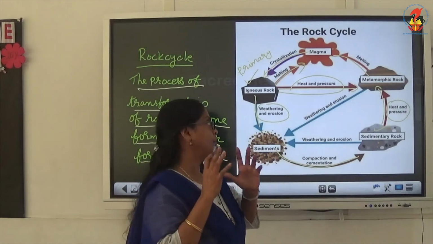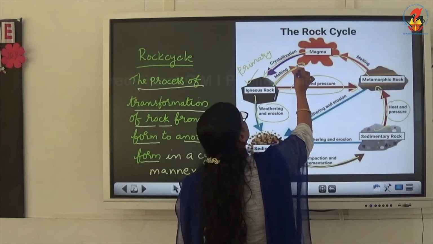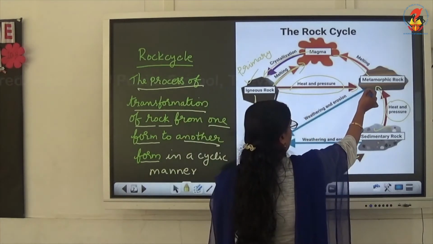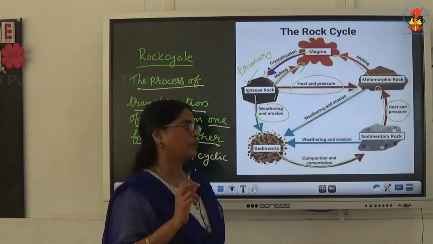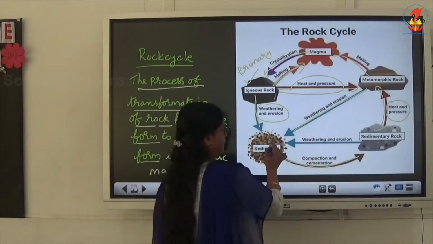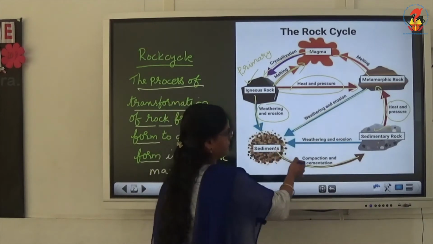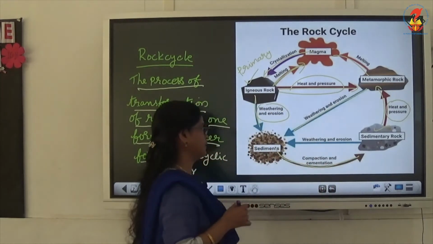And metamorphic rocks again, due to weathering and erosion, will become sediments, and these can become sedimentary rocks.